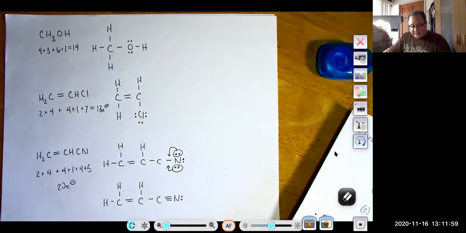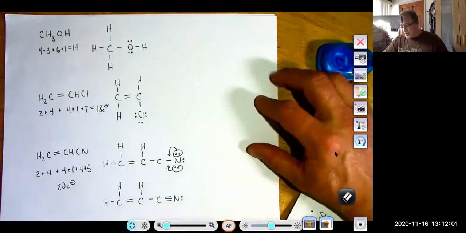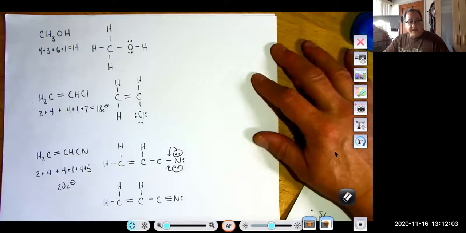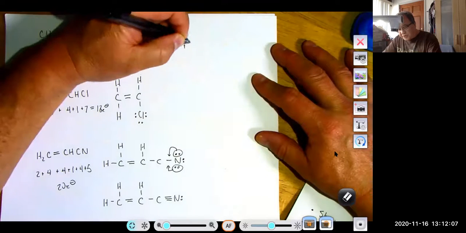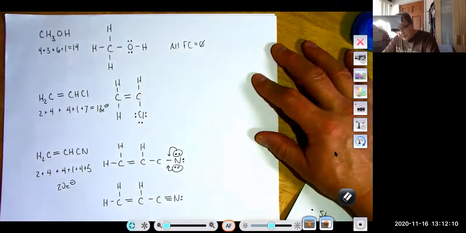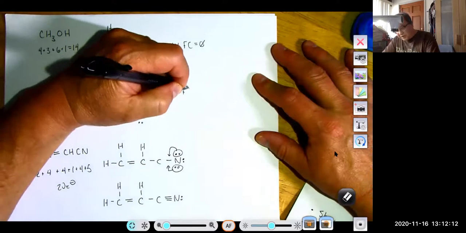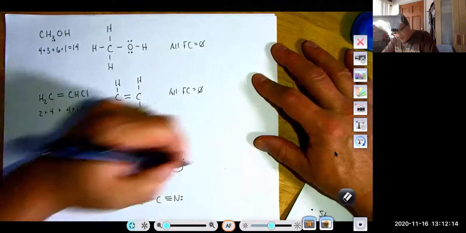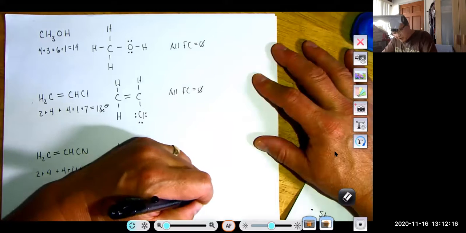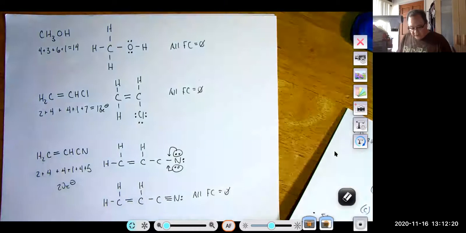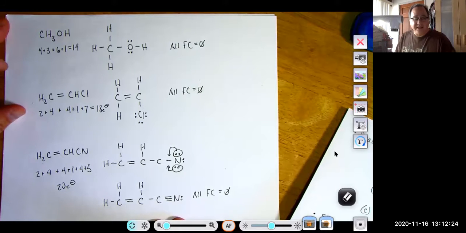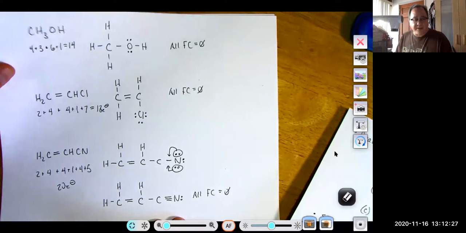Now, if we go back and assign formal charges to each of these, and that's something I want you to do when you're looking at this after we're done, all formal charges are 0 in this. All formal charges are 0 in this, and all formal charges are 0 here. So these are really great Lewis structures because all the formal charges are 0. They have the number of bonds they normally make. These are beautiful.